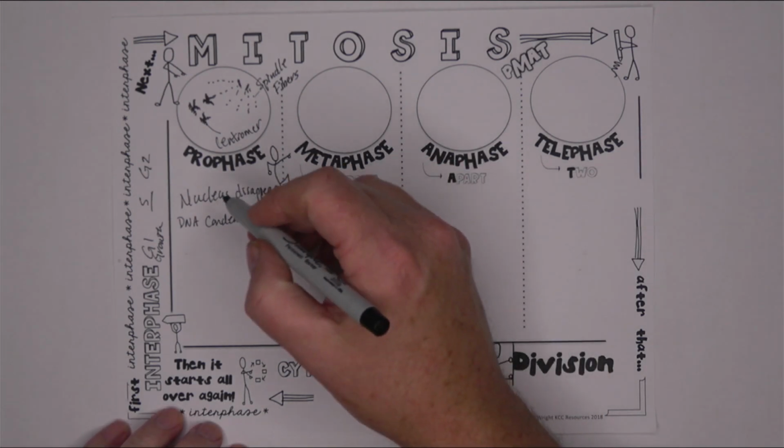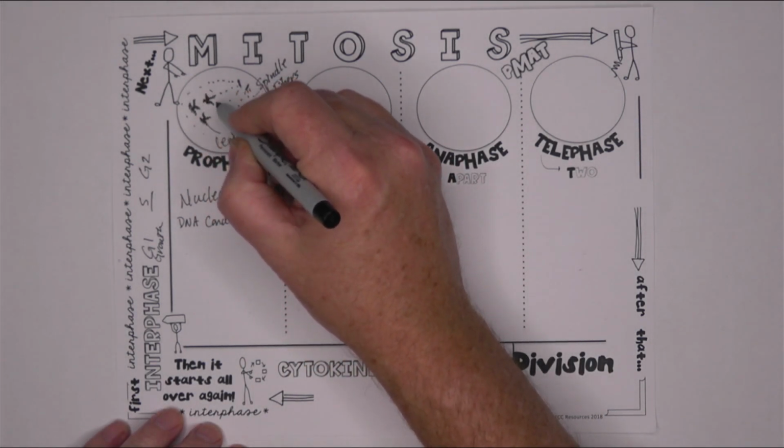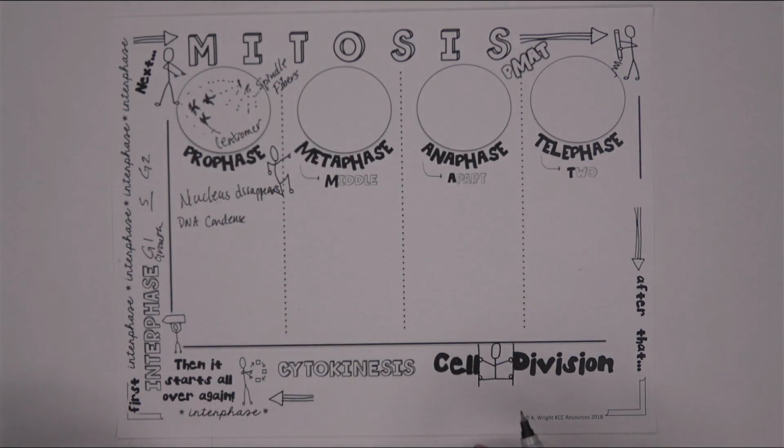The nucleus disappears, so the nuclear envelope is gone. Some of the regulatory and metabolic processes slow down or stop because the cell is getting ready to divide.